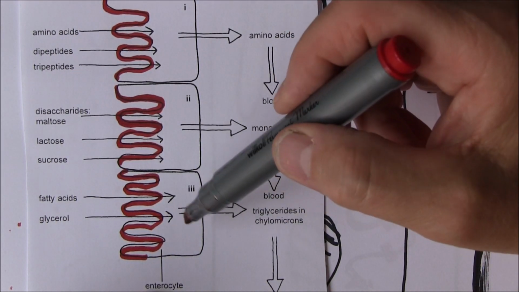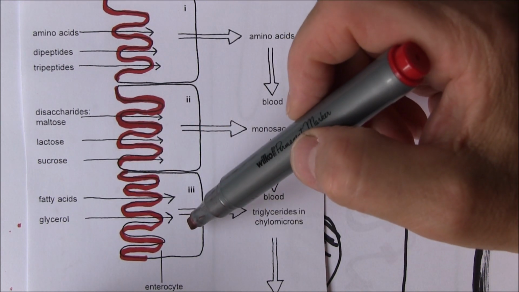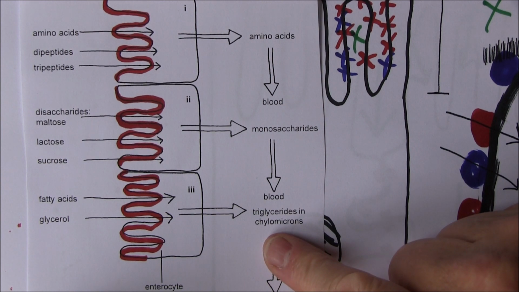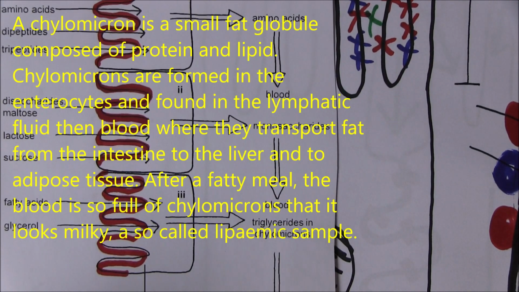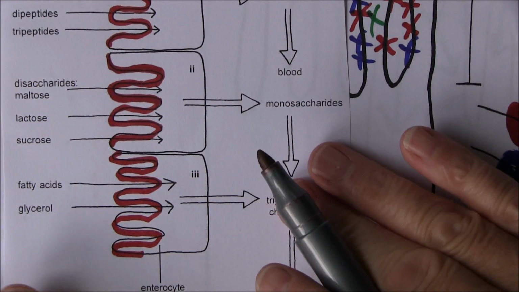Oh, that's another clever thing these cells do. They package fatty acids and glycerol in the enterocytes into the chylomicrons, these small fat balls that go off into the lymphatic system and then into the blood.